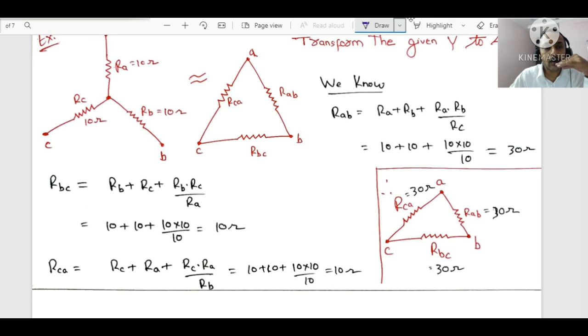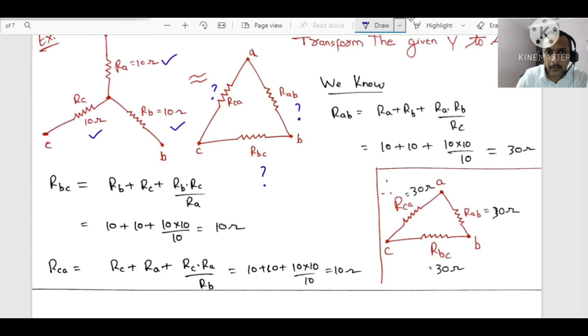If 3 resistors of equal value are connected in star manner, 10 ohms, 10 ohms and 10 ohms, and you transform it into an equivalent delta, what will be the value of RAB, RBC and RCA? That is the question, right?